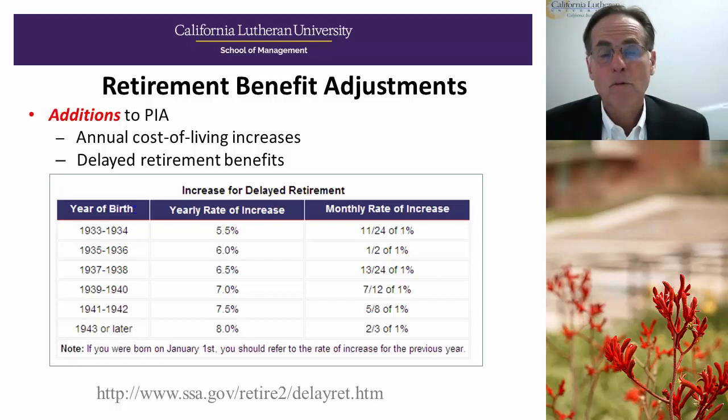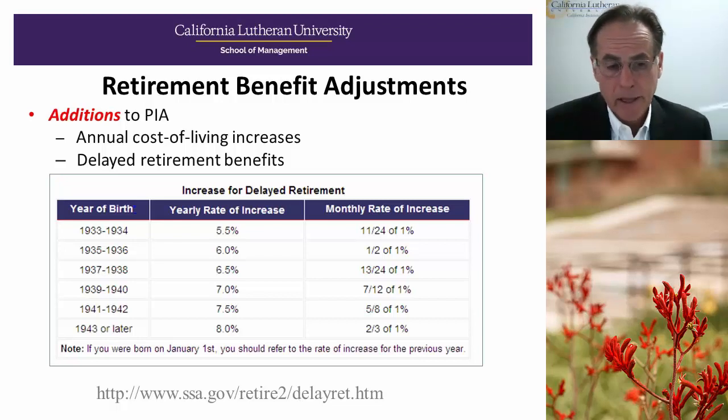Also, one of the suggestions for fixing the system would be to lower this annual cost of living increase for some other index, one that's lower than we're looking at right now. And also delayed retirement benefits.